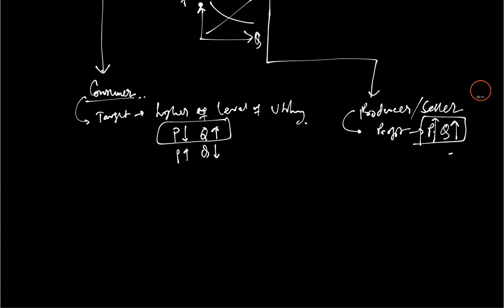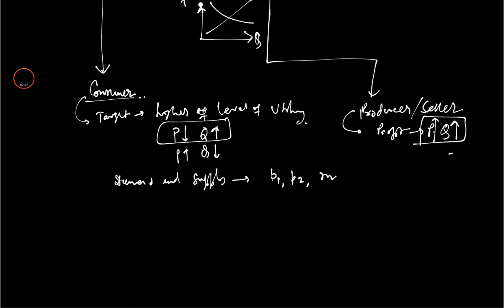Remember that demand and supply both are dependent on three things actually: P1, P2 and M mostly. The price of the first good, the price of the second good, and income.